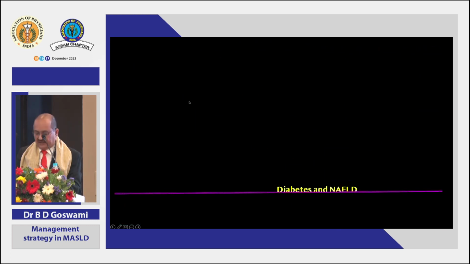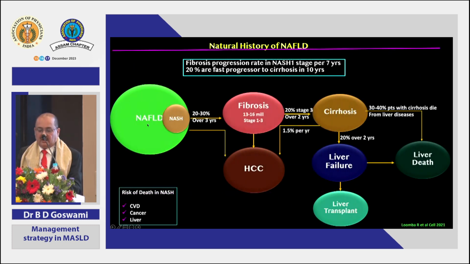From NAFLD, almost 20 to 30% go to NASH over 3 years. It goes to fibrosis. From fibrosis, grade 3 for example, it goes to cirrhosis, almost 20% over 2 years.